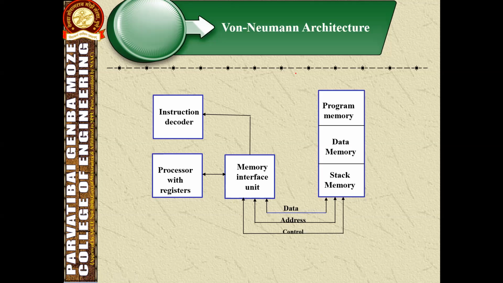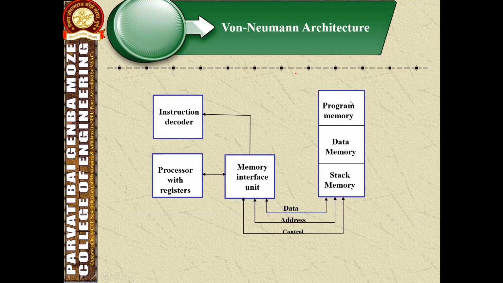So all these operations are controlled by the memory interface unit, which controls accessing the program and data memory. After accessing the data, it will send a command to the processor to perform a particular operation.